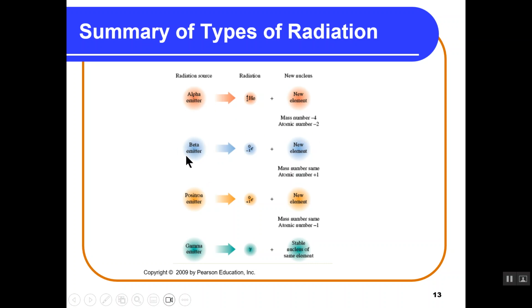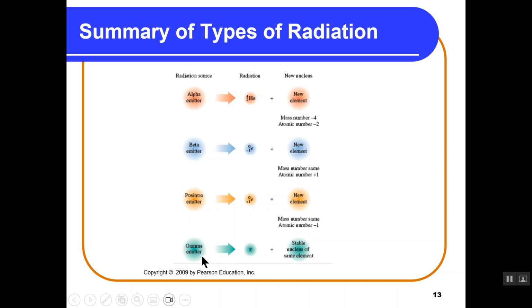In the case of something emitting a beta particle, the new element will have an atomic number which will be 1 greater than what it was before in the original nucleus. However, the mass number would be the same. In the case of positron emission, what happens is that in addition to the positron being emitted, the new element will have the same mass number, but this time the atomic number will be 1 less than what it was before.